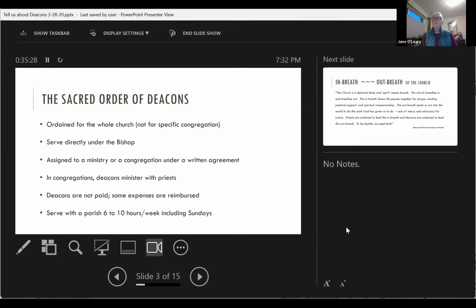Oftentimes in a congregation, the priest and the congregation might want more, you know, you ought to be here one day during the week, and we'll need you on these evenings and so on. But it's very clear in our contracts, in our written agreement, that our obligation is to serve a parish from 6 to 10 hours a week, which includes Sundays.